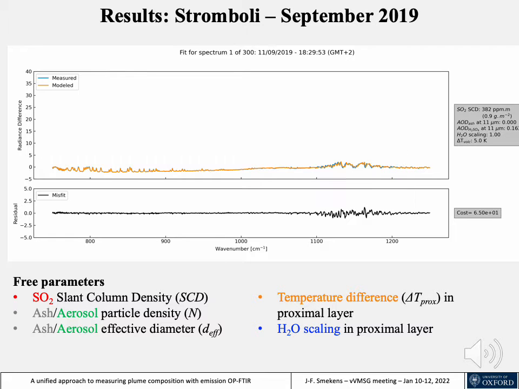So here's a quick time series of measured and modeled spectra and their misfit. As you can see, the main feature that you will see waxing and waning is the SO2, but then we have captured a series of explosions coming from the northeast and southwest crater of Stromboli when we were there in September of 2019.